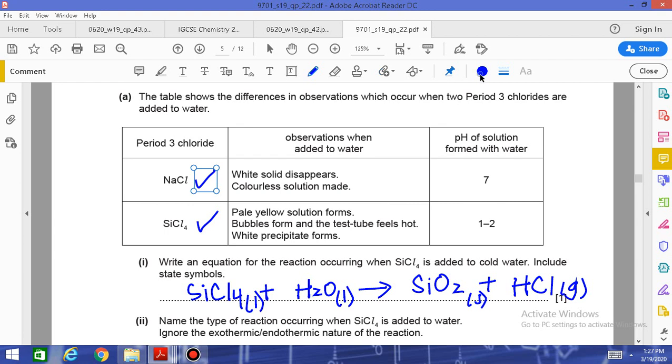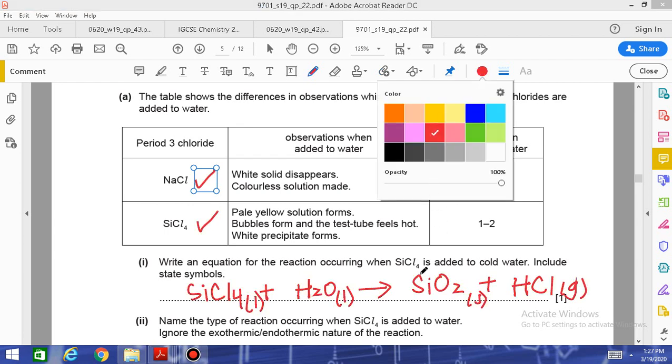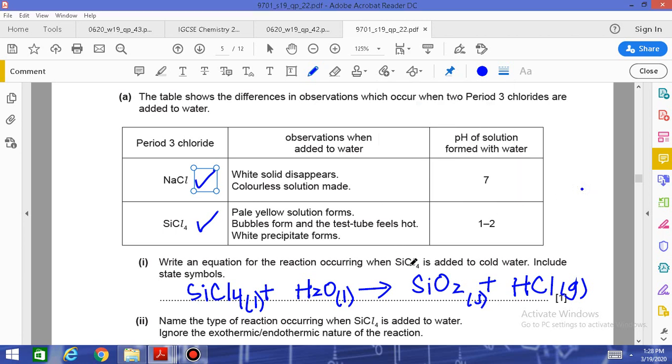Now you have to balance the equation. It's not balanced yet, so 2, 4.